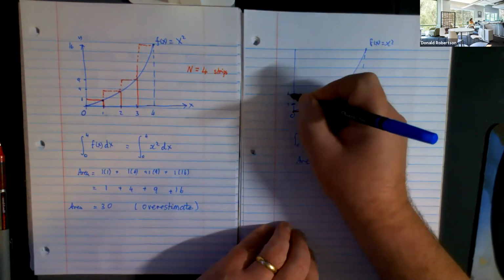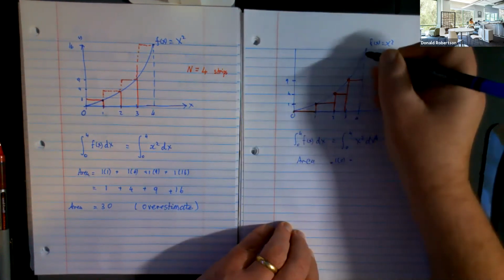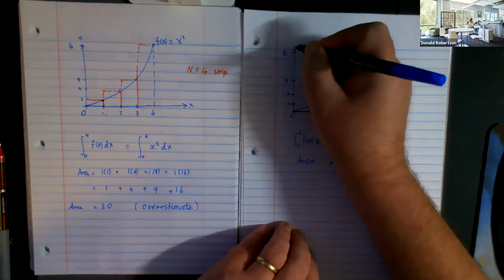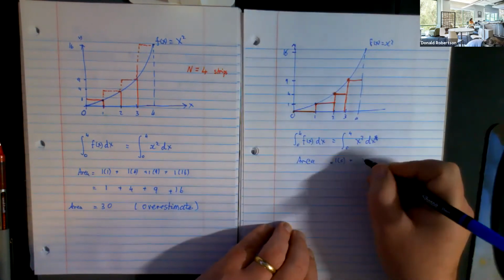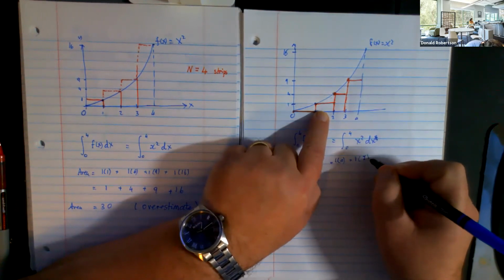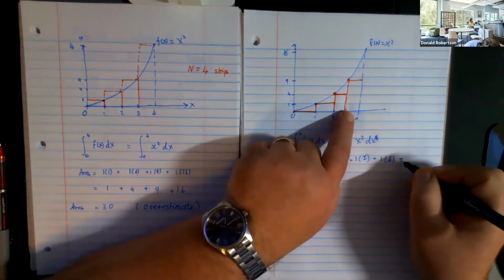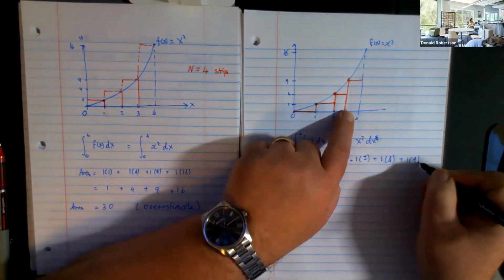That height is, when x is 2, this height is 4. And I'm putting this one in, even although I'm not going to use this, the last one is 16. So the second rectangle is 1 times 1. The next rectangle is 1 times 4. And the last rectangle is 1 times 9.